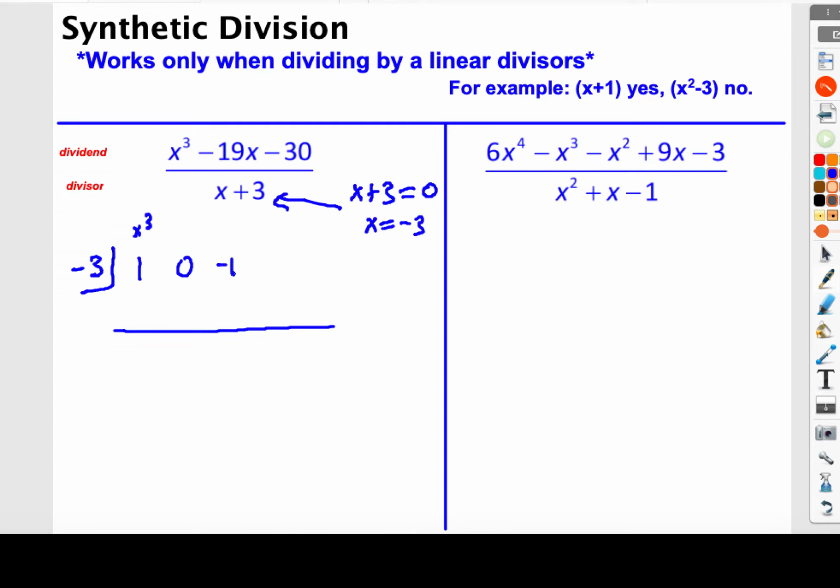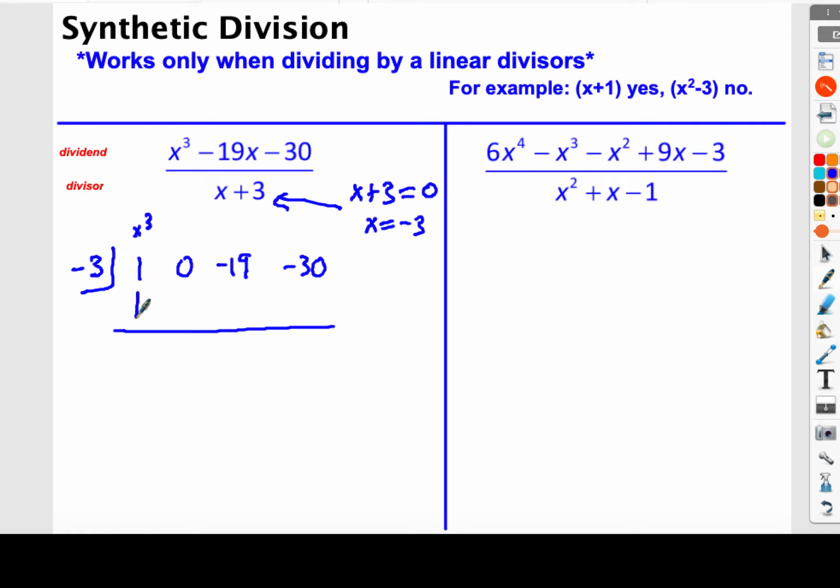There were negative 19 x's, or a coefficient of negative 19, and negative 30 at the end. I don't need to write the little x in there, so I'm going to take that out. If you want to label them above, you can do that. But in the end, we should have 4 terms: third, second, first power, and constant.